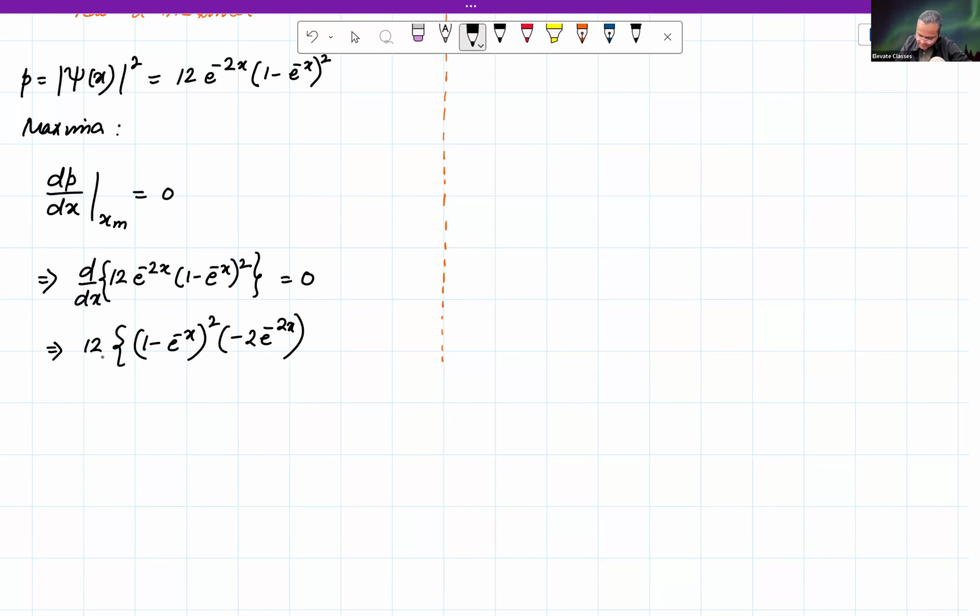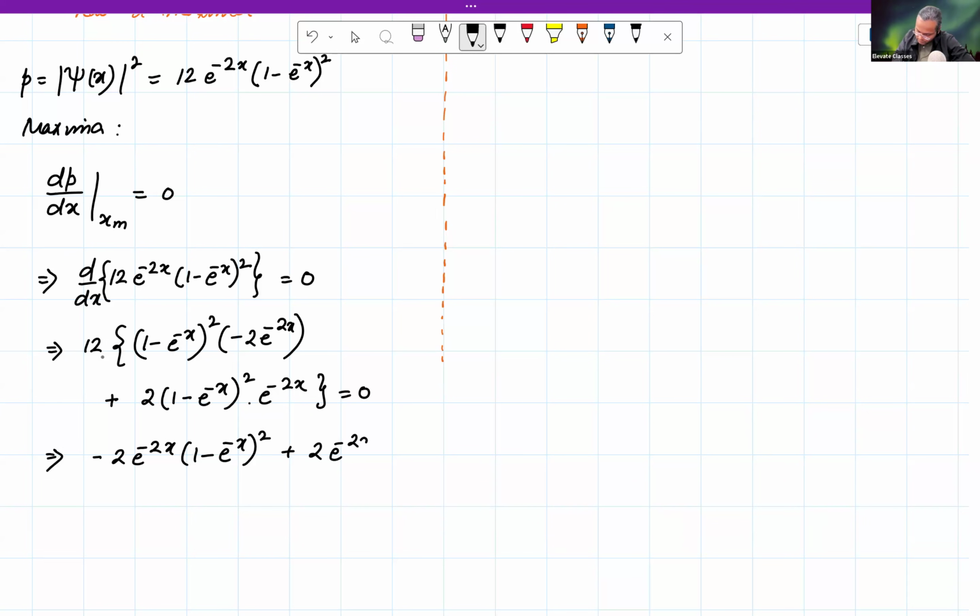12, 1 minus e^-x square, minus 2 e to minus 2x, ठीक है, and plus 2 1 minus e to the minus x square or e to the minus 2x is equal to 0. 12 vanish, so this is minus 2 e to the minus 2x 1 minus e to the minus x square plus 2 e to the minus 2x 1 minus e to the minus x, नहीं यहाँ स्क्वायर नहीं होगा, सॉरी.